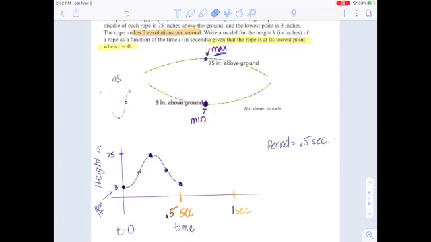All right, let me get some more room. Let me erase that. Okay, so let's see, what can we find? Let's find our amplitude.